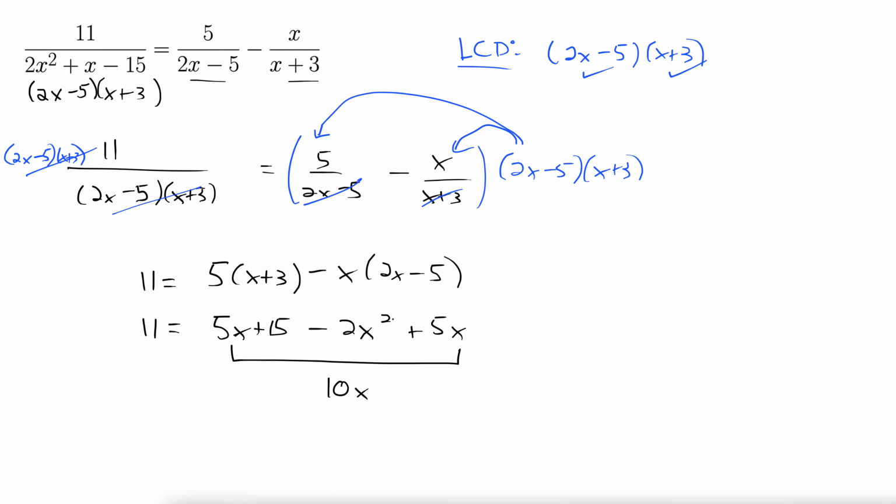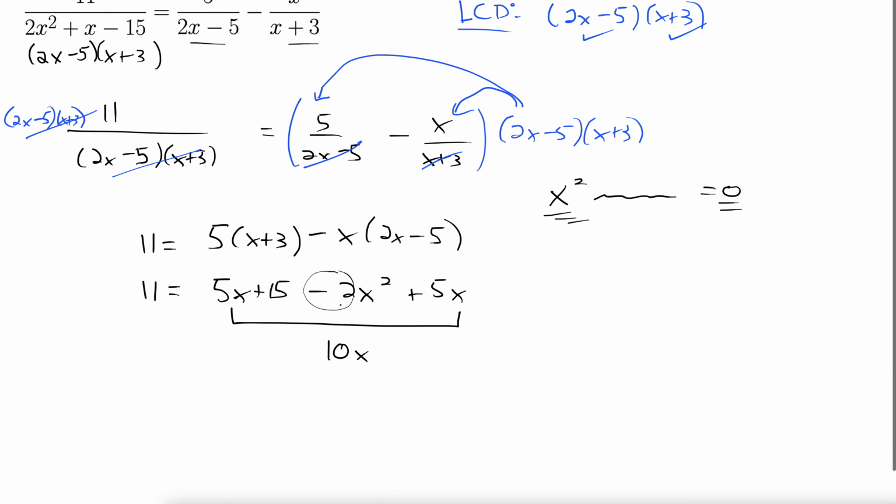Anytime you see an x squared and you're trying to solve, remember that x squared likes to be set equal to 0. If you have x squared on one side, you need to have 0 on the other side. That's the key. So I'm thinking let's get everything on the left-hand side of the equals. That'll give us a positive leading coefficient. That's not 100% necessary, but it's useful.